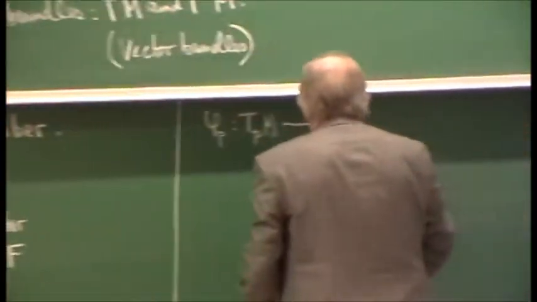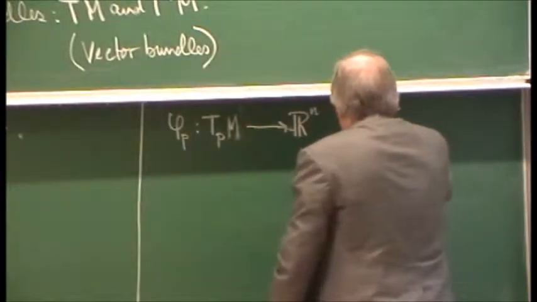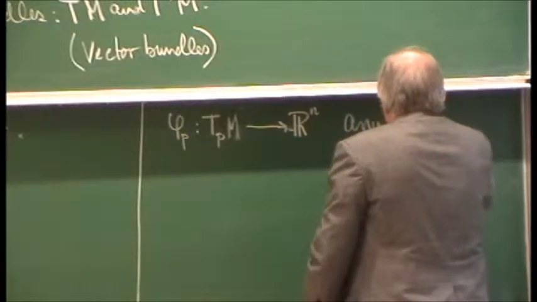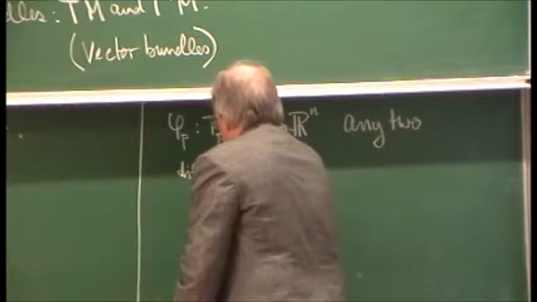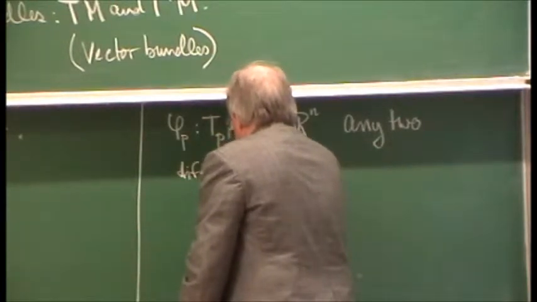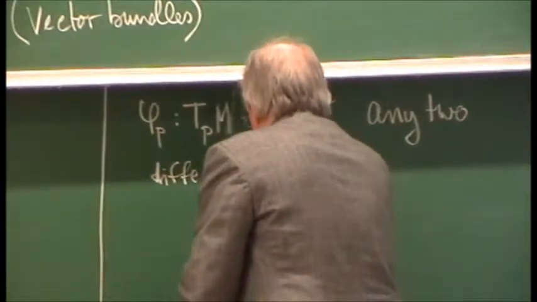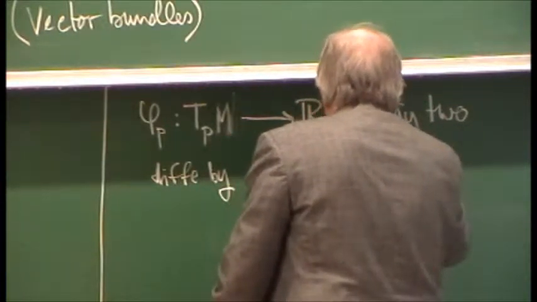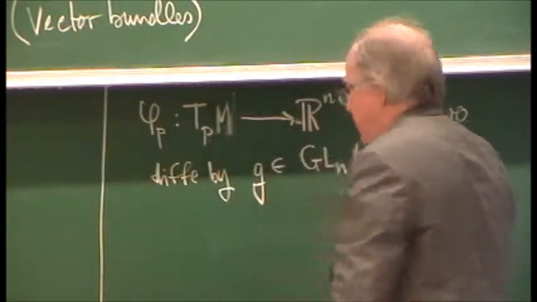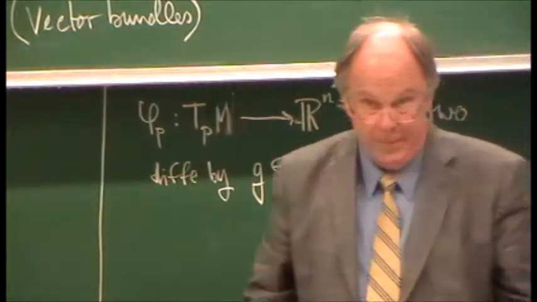Any two should differ by an element g in GLn R. I'm doing a real vector bundle here.